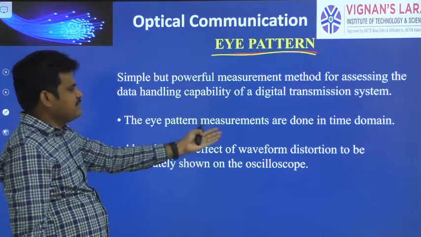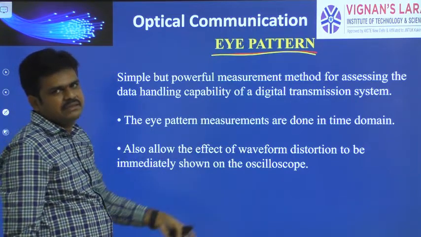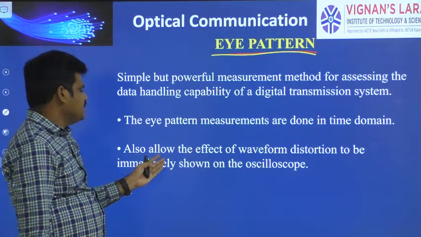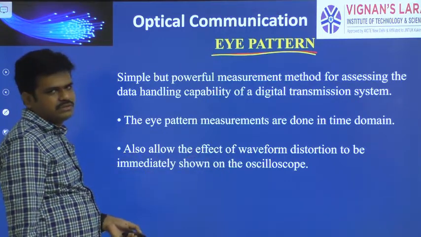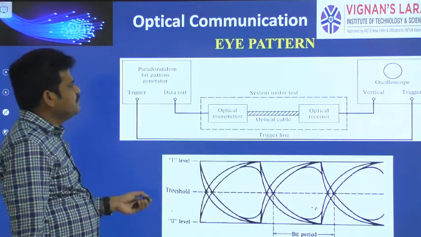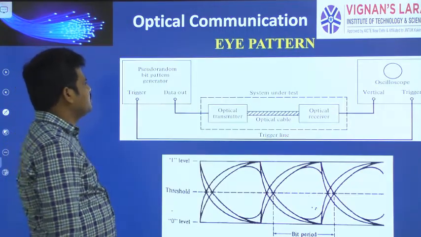The eye pattern measurements are done in the time domain. They also allow the effect of waveform distortion to be immediately shown on the oscilloscope. You can see here what we are doing.